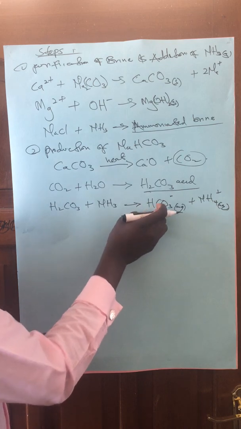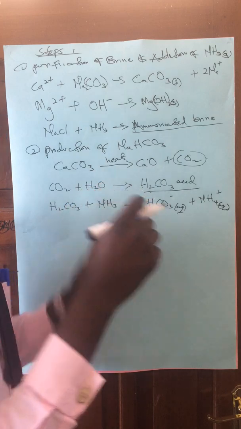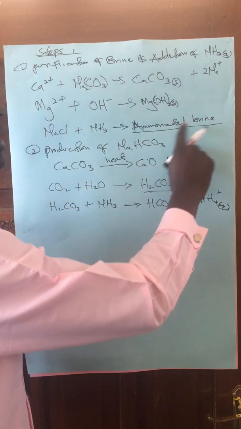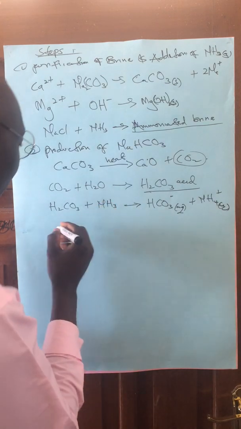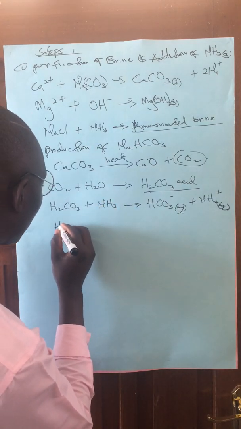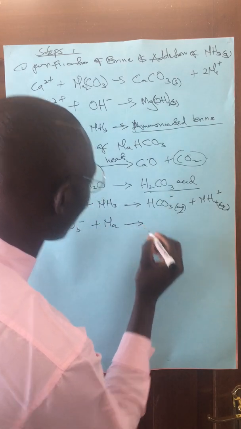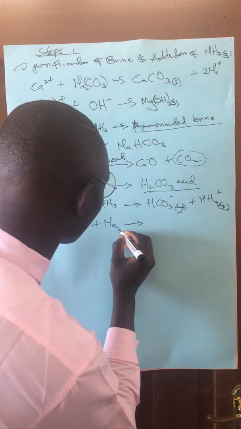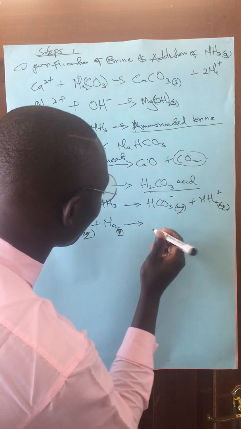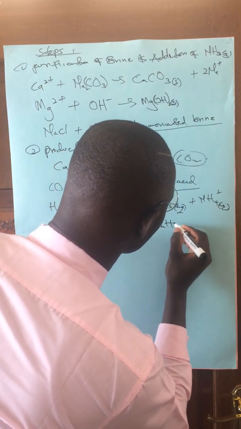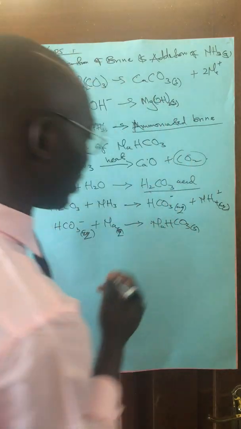When we have this, hydrogen carbonate ions are going to react with sodium in the ammoniated brine to produce sodium hydrogen carbonate, which is an insoluble salt.